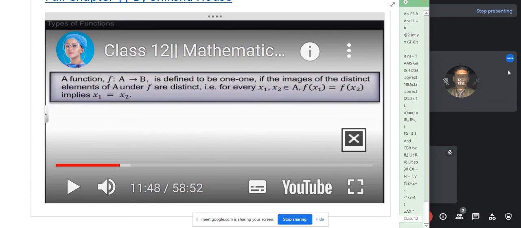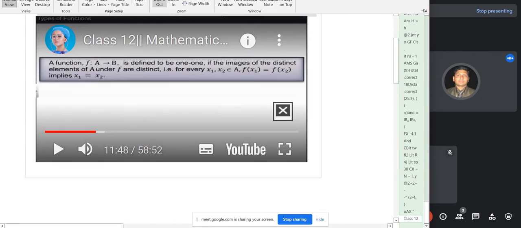Okay, now try to understand this. What is the meaning of it? So if a function we consider, I'm explaining this simultaneously, then you can understand.